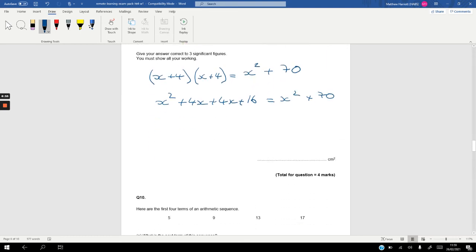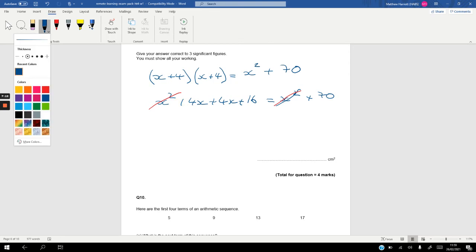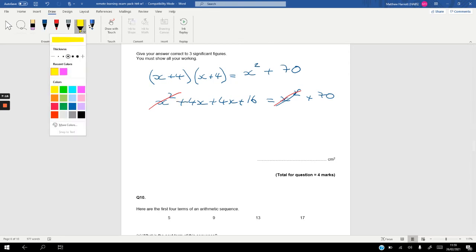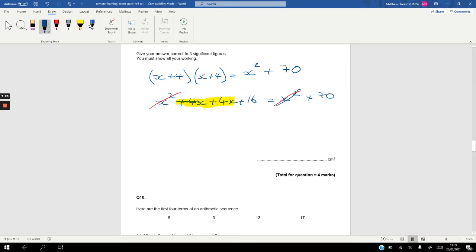Now, I can subtract x squared from both sides, so those will disappear. 4x plus 4x is 8x plus 16 equals 70.